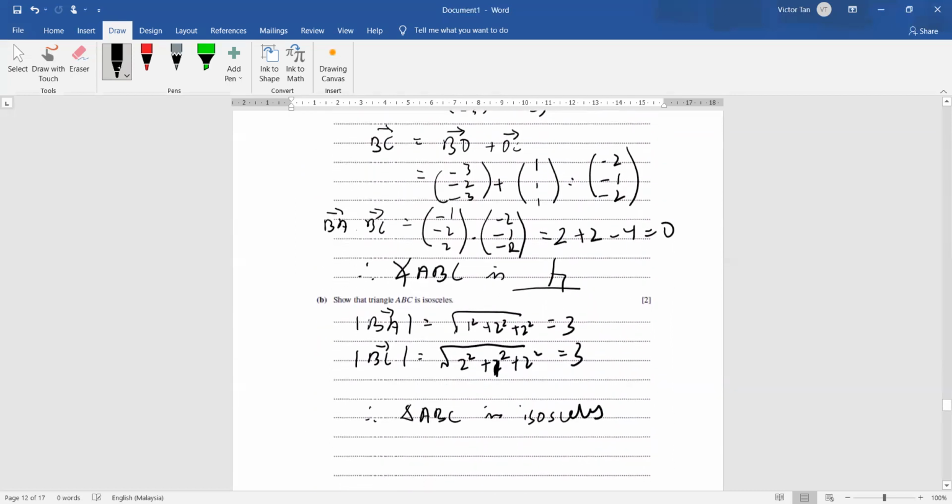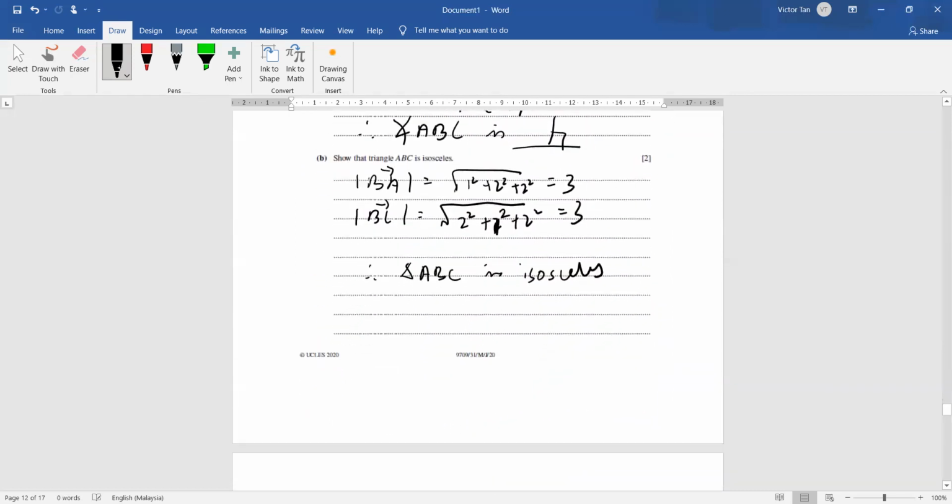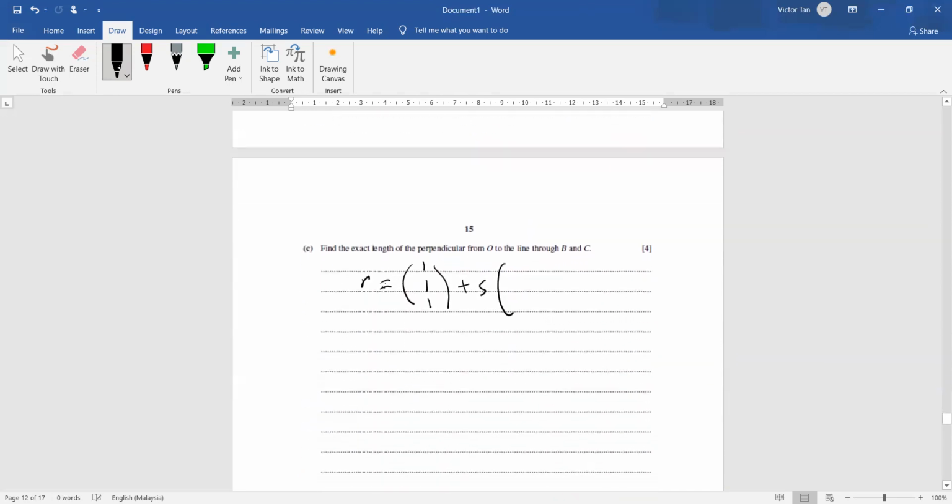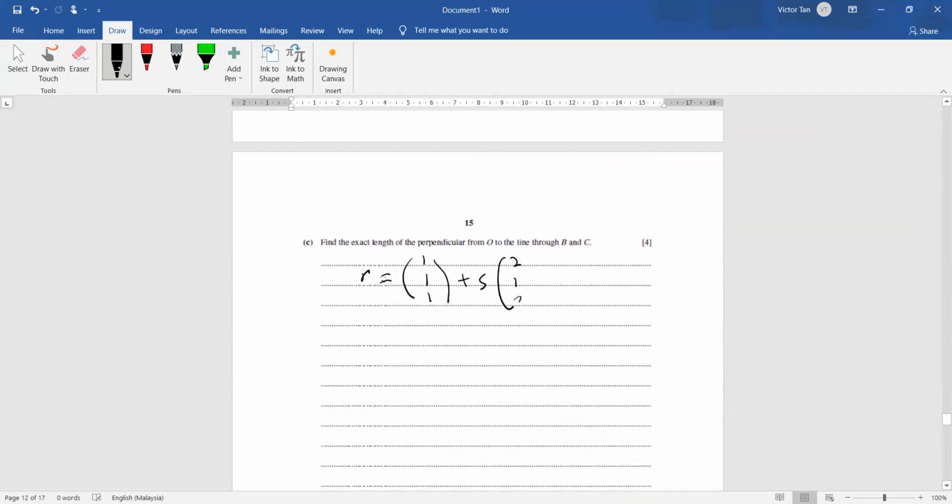I'm going to just put (2, 1, 2) to make it positive. It's the same thing. So any point on the line BC will have position vector (1 plus 2s, 1 plus s, 1 plus 2s). Okay.